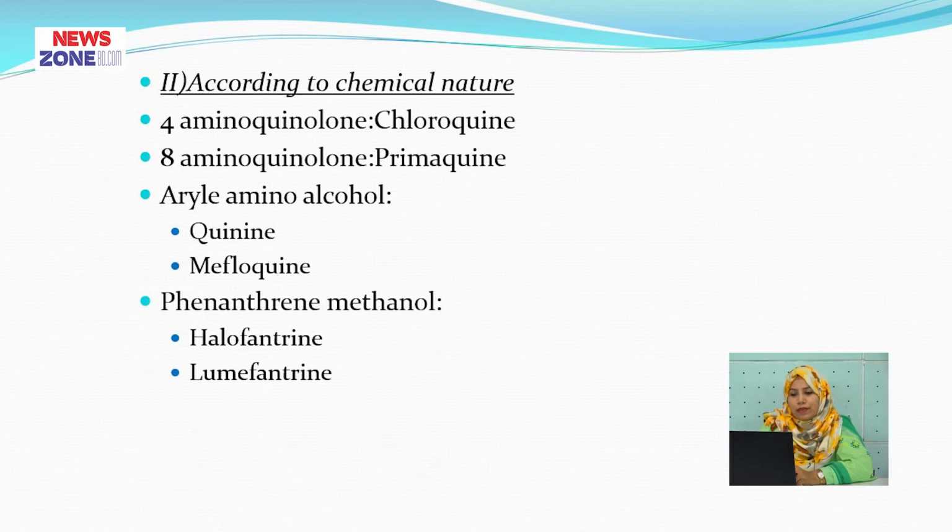Now according to chemical nature, antimalarial drugs can be differentiated as follows. 4-aminoquinoline group, that is chloroquine, and 8-aminoquinoline is primaquine. This type of chemical structure is present in these drugs. Aryl amino alcohol containing quinine and mefloquine, and phenanthrene methanol is halofantrine and lumefantrine.